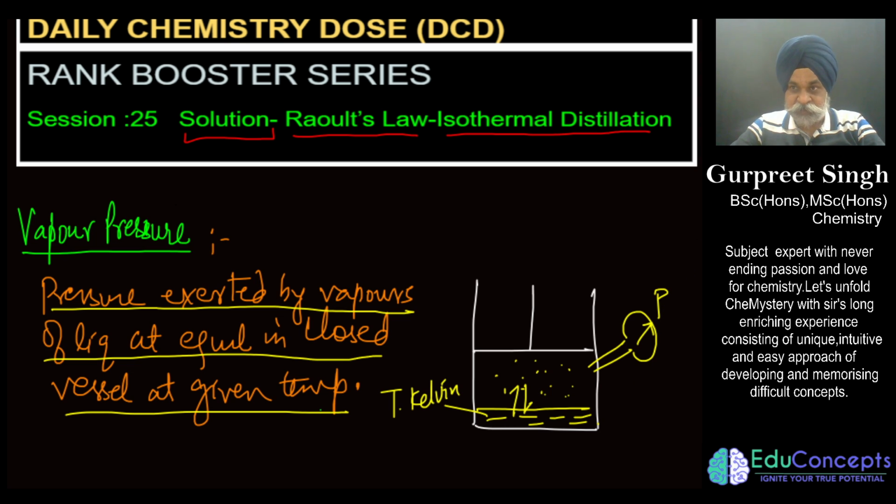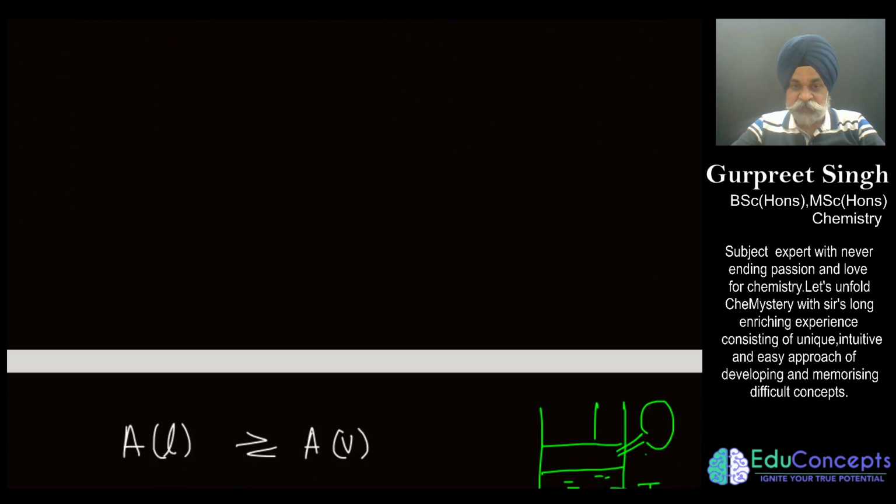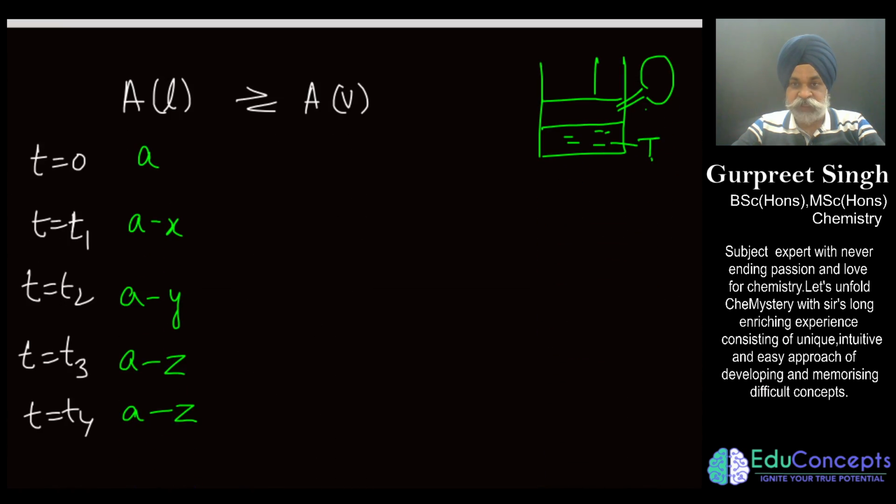What does it mean? It simply means that if you have pure liquid A put into this evacuated vessel at temperature T, and you started with A moles of liquid A, then to begin with there are no vapors.